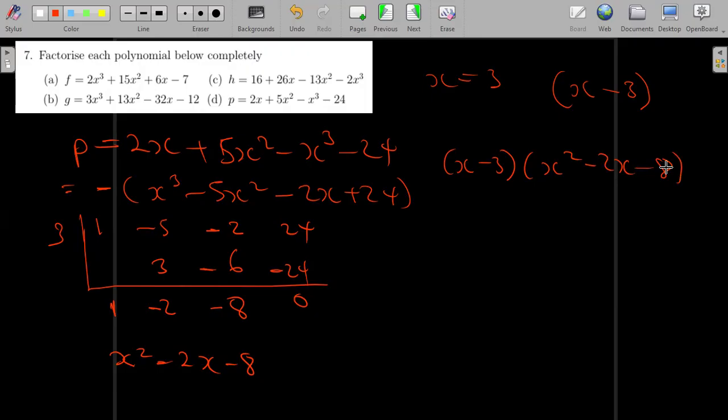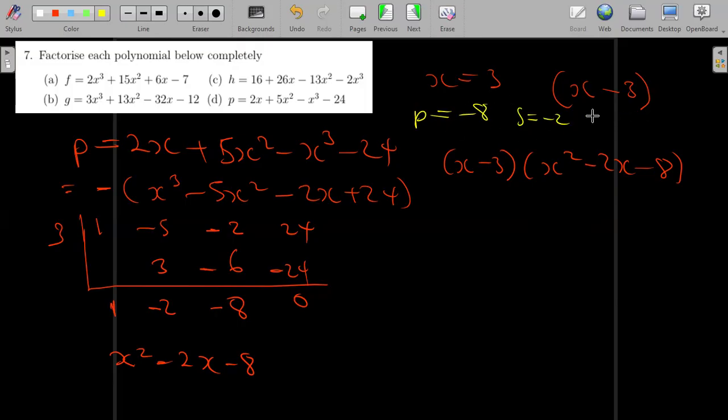Now you can easily factor this out. You look for two numbers where your product is going to be negative 8, and your sum is negative 2. So when you add, you get negative 2, and when you multiply, you should get negative 8.